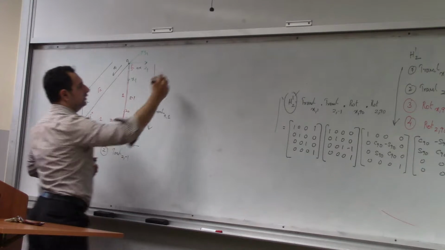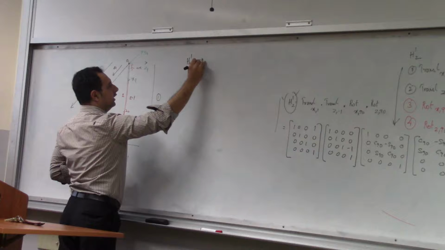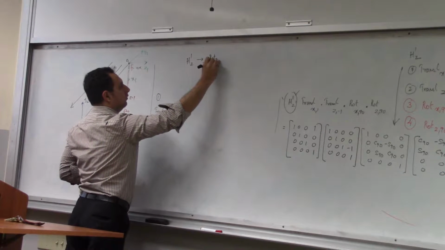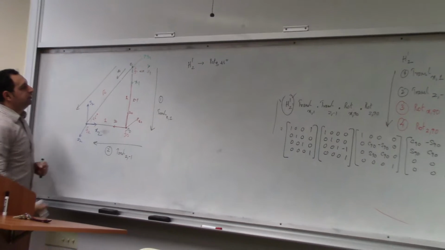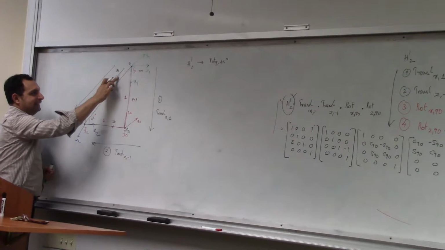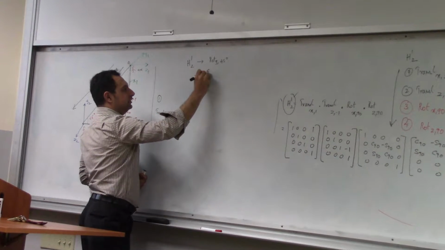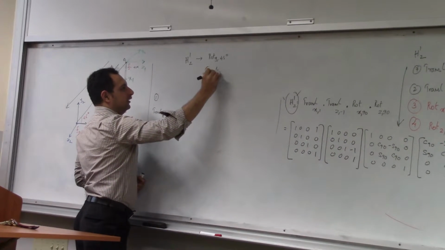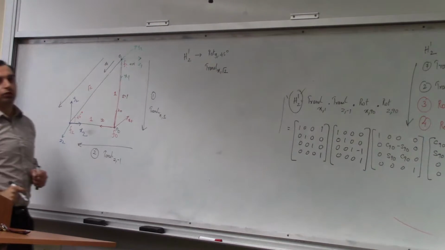So the first rotation that I need, let's do a different way, H1, 2. The first thing is rotate Y by 45 degrees. Once you rotate by 45 degrees, this is aligned here, right? So next I'll translate along X by root 2.